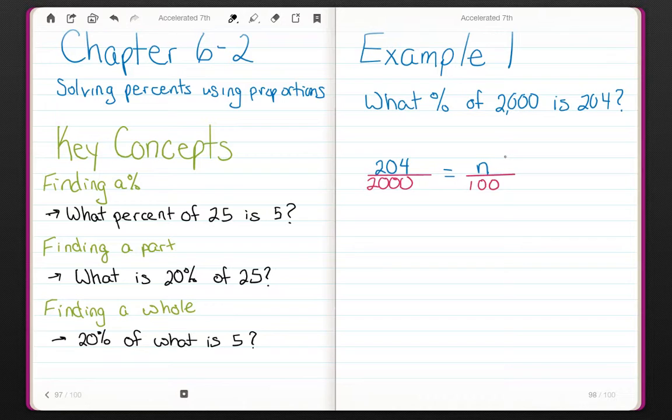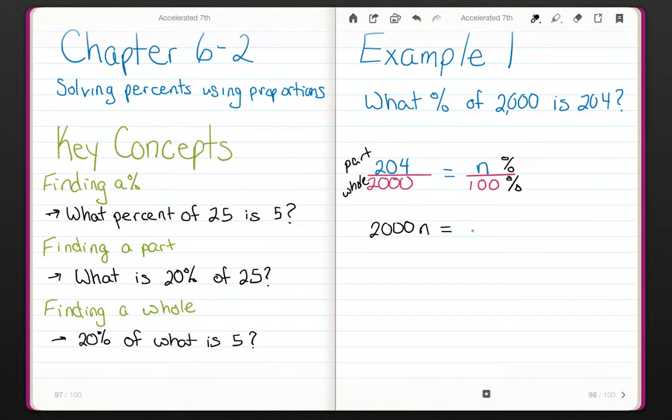So n, this is my percent. N percent over 100%. 204 is my part, and 2,000 is my whole. So this part, 204, is what percent? So cross multiply.